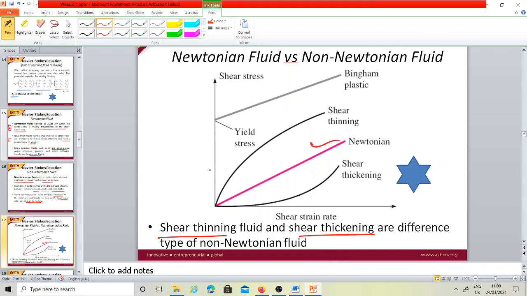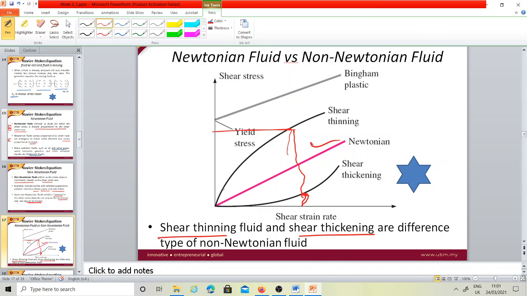You can see shear thickening takes more values here. For this much strain, your stress is here. On the other hand, if you focus here, for this much strain, you need more stress. So we have shear thinning and shear thickening.